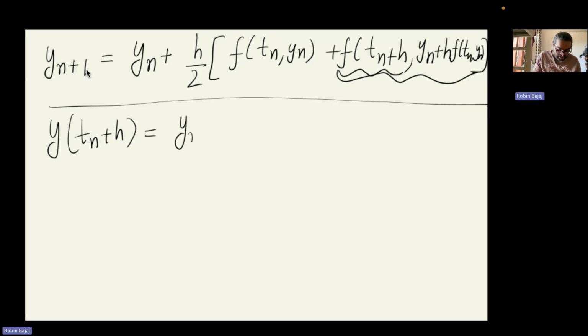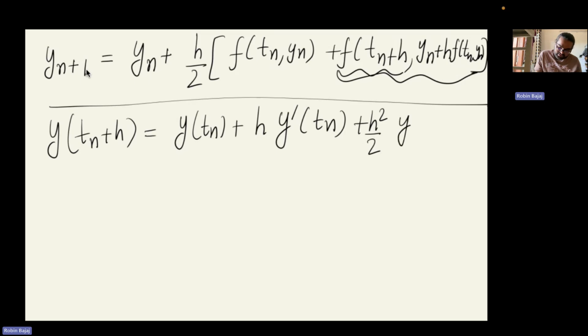So it's y at t of n. What is the Taylor expansion? It's h times the y derivative at t of n, plus h square by 2 times the y second derivative at t of n, plus h cube by 6 times the y third derivative at t of n.